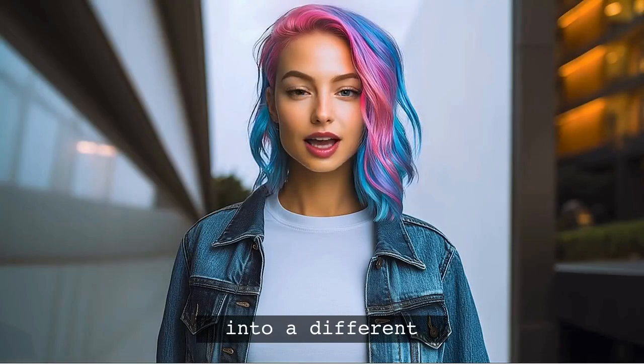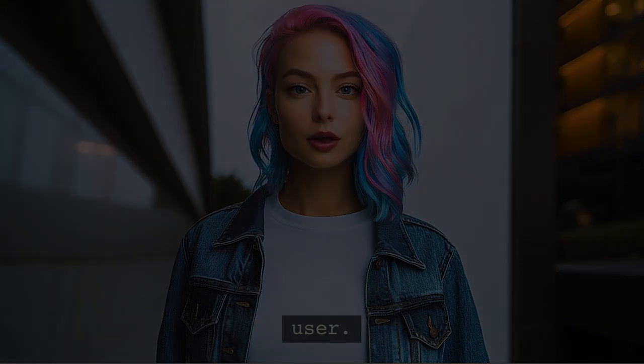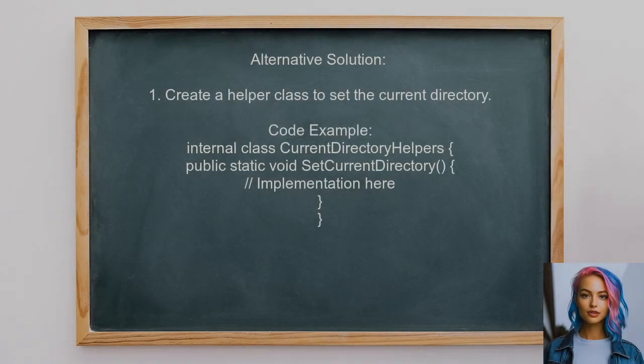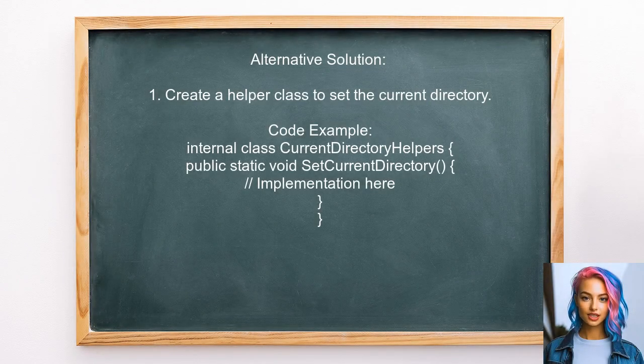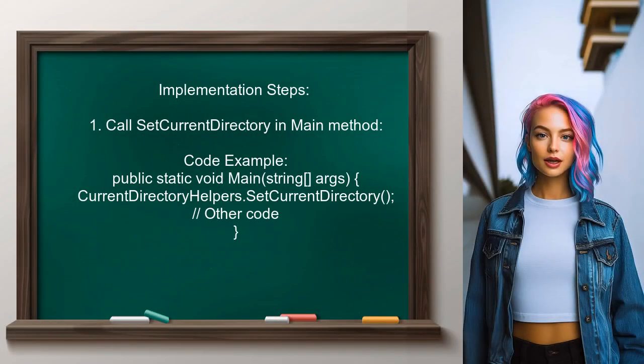Now, let's dive into a different answer from another user. An alternative solution to the SQLite error 14 involves adding a helper class to your application. This class sets the current directory based on the application's physical path, which can resolve the database file access issue. To implement this, call the SetCurrentDirectory method at the start of your Program.cs file.